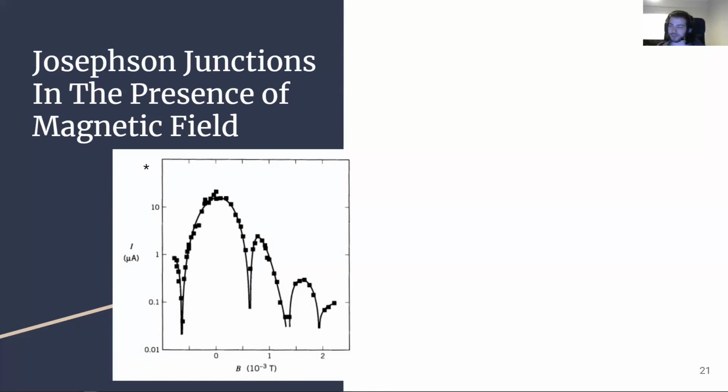They did a very good job of observing the sensitivity of the Josephson tunnel current. They used a lead insulator and lead junction, and their data, as you can see here, show pronounced minima and maxima for the current.